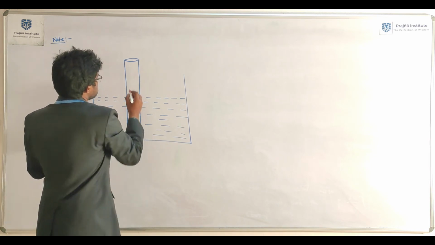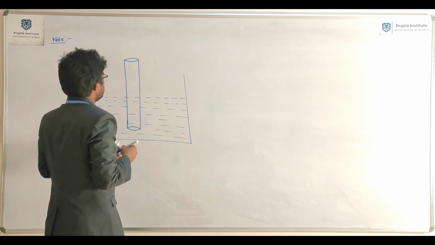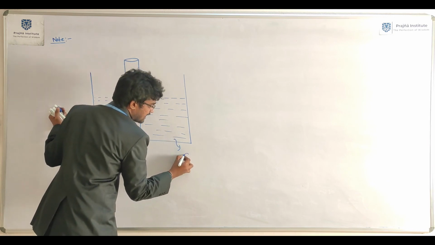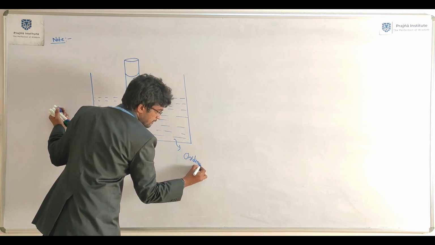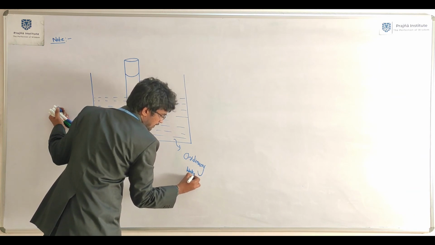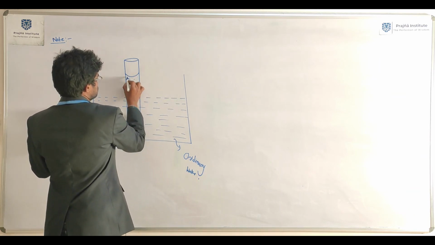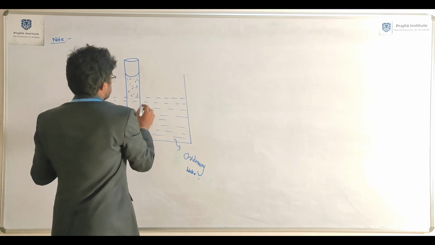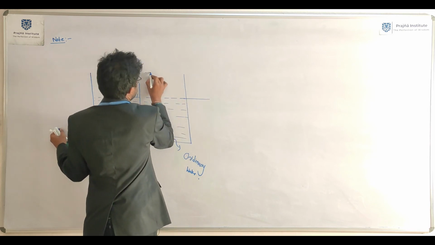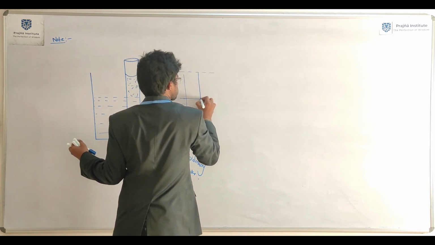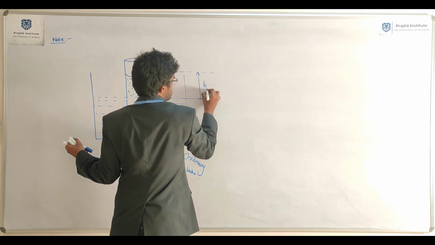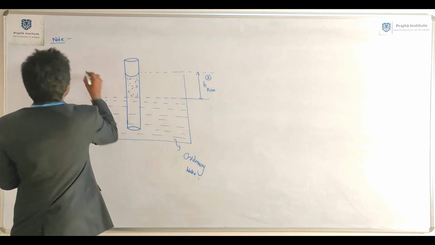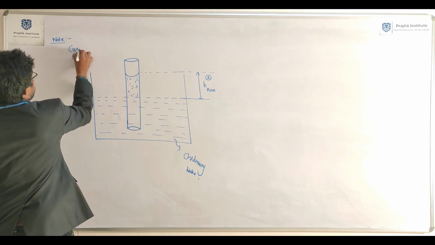After that, we have seen some rise in the liquid column in the capillary tube. It is ordinary water. So here, this is the thing. Here H rise in case 1.